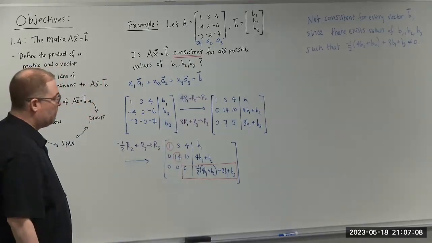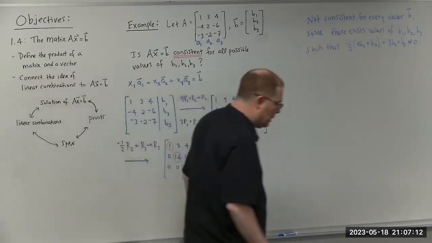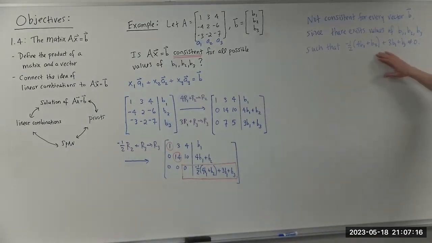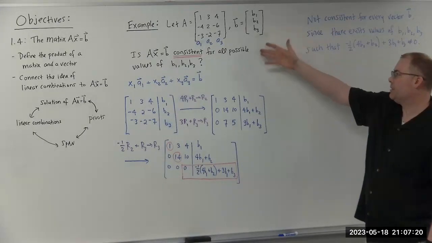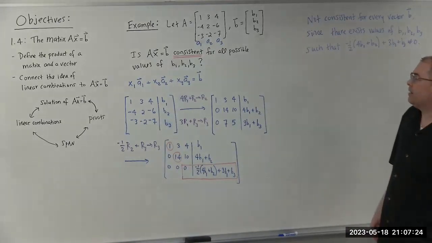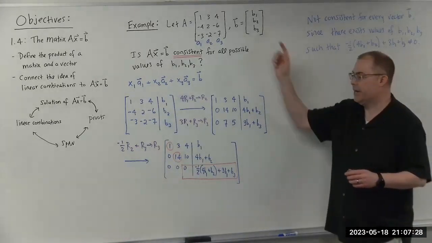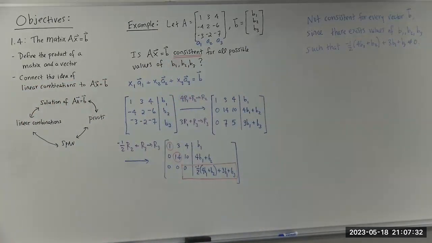And that is telling us something. That's kind of why this particular matrix doesn't have a solution for every possible value of B1, B2, and B3.